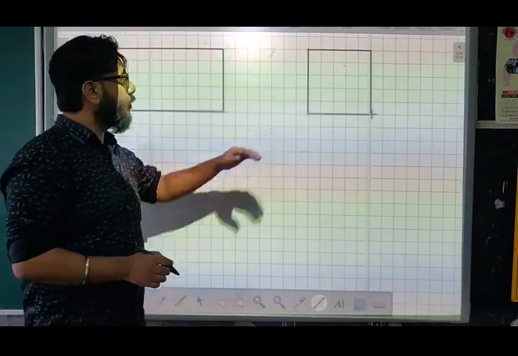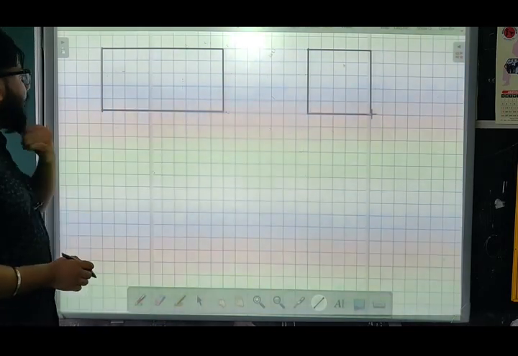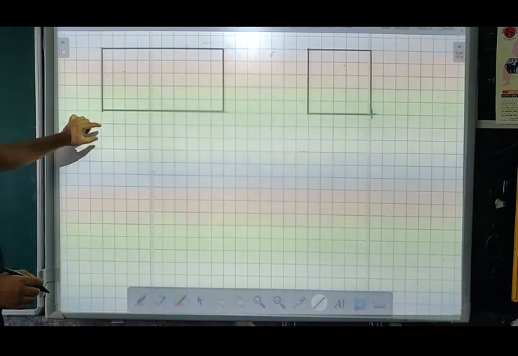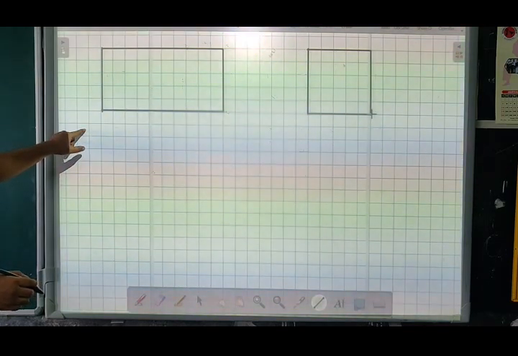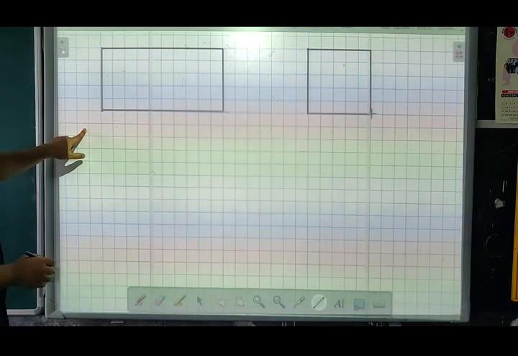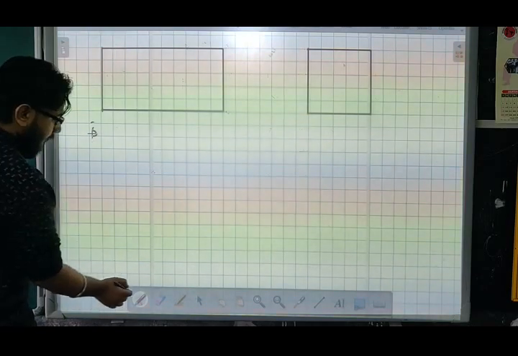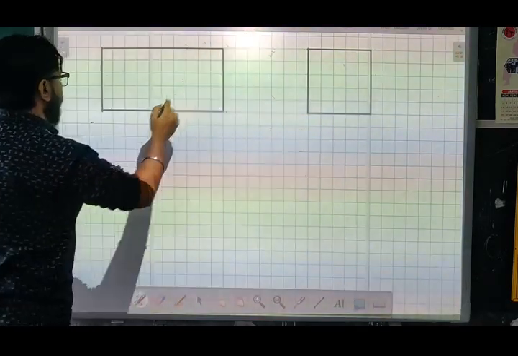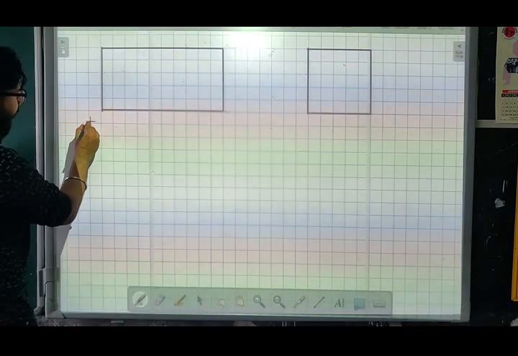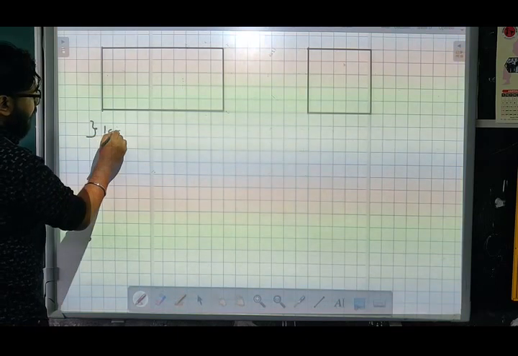Here we have a square and a rectangle on the graph paper. Imagine that each square has a side of 1 centimeter.